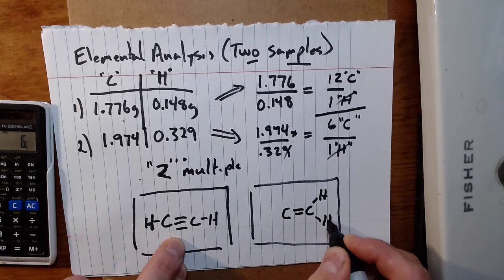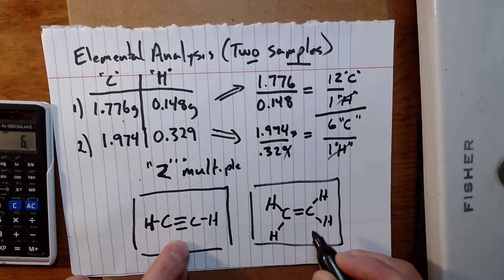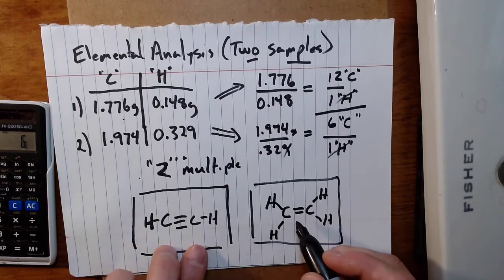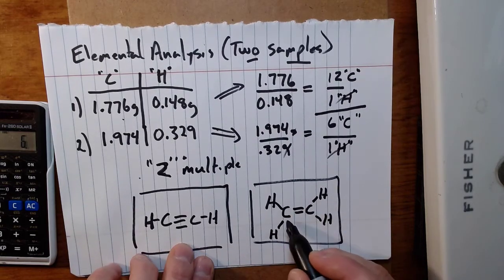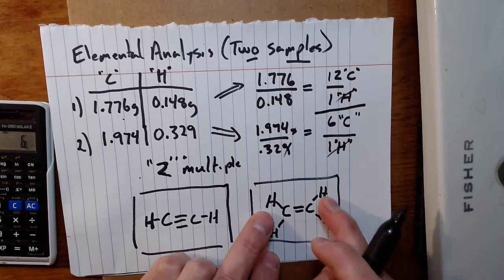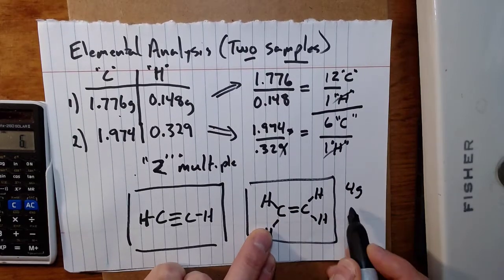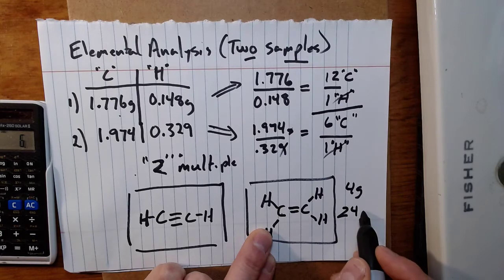So I'm going to propose this structure and see if it fits. For this structure, we would now have a ratio of not 1-to-1, but 2 to 1 for the carbon. So we can say, well, if this is the case, hydrogens are worth 4 as far as their weight in grams. This would be 24, 2 carbons, they each weigh 12 grams.